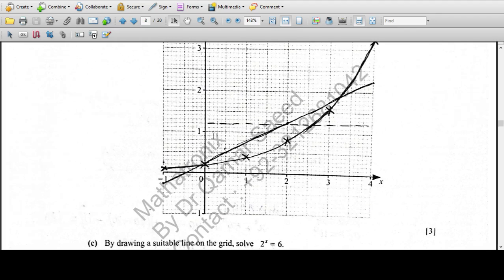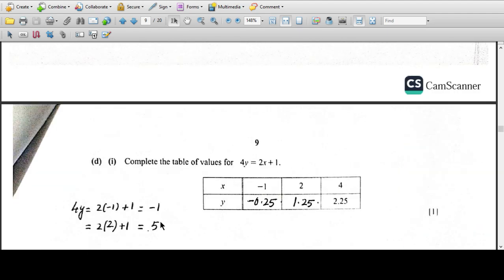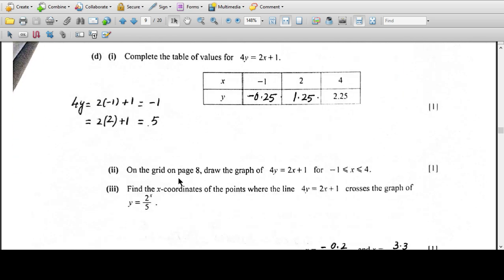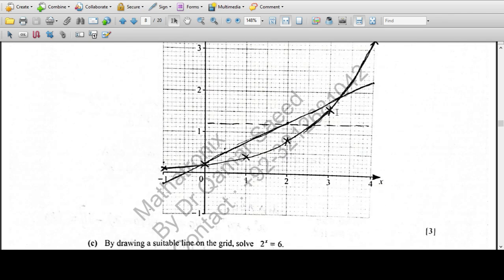These are the values, and we have plotted them here. For part 3, find the x coordinates of the point where this line crosses the graph of y. So we have to find the x coordinate of the point where this line crosses this curve.